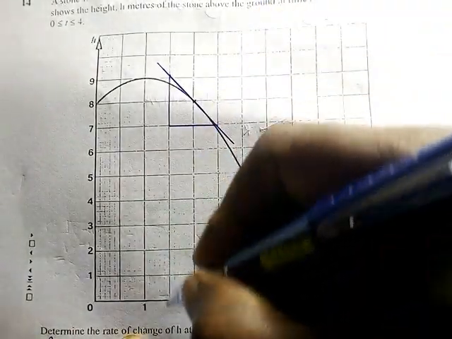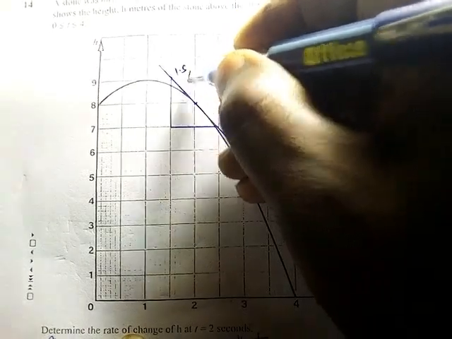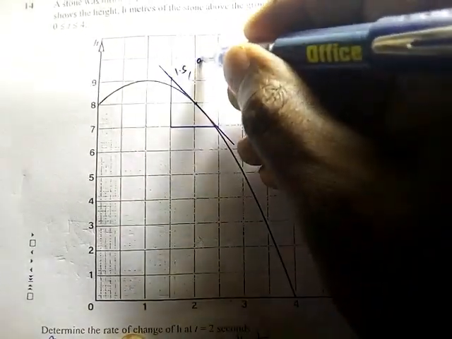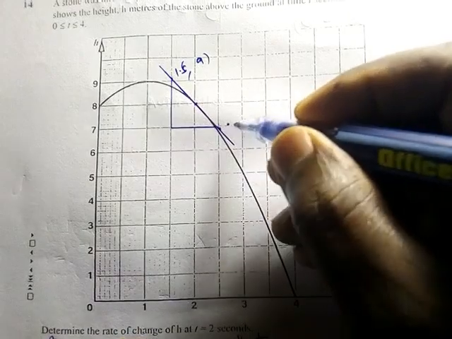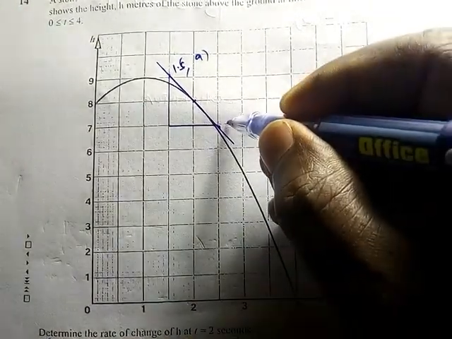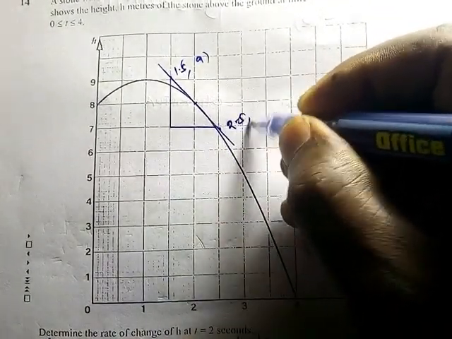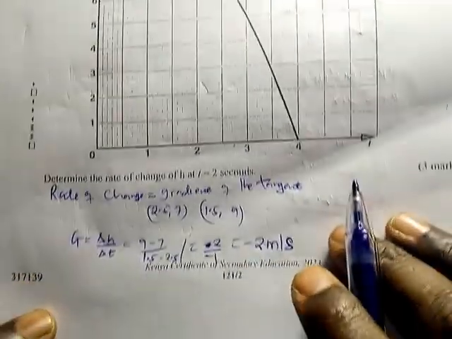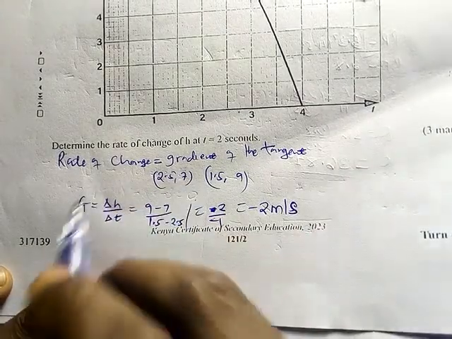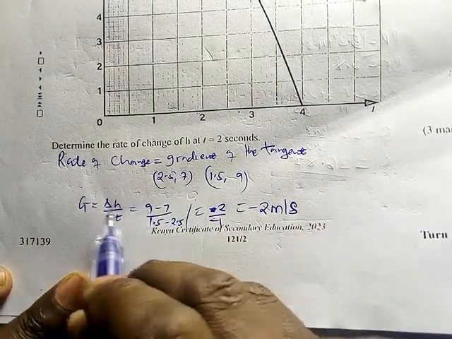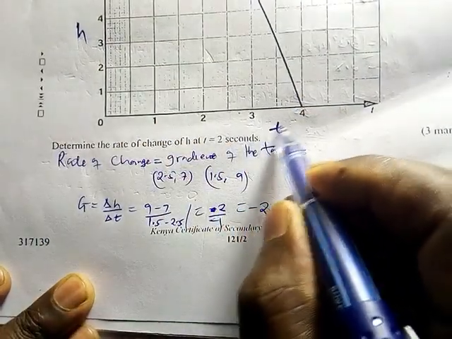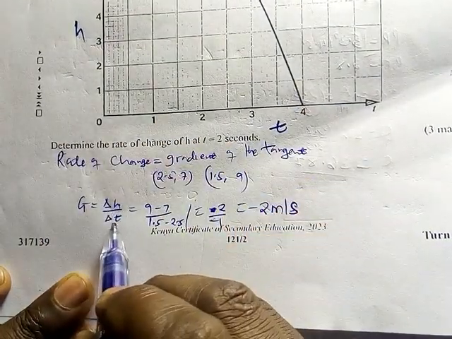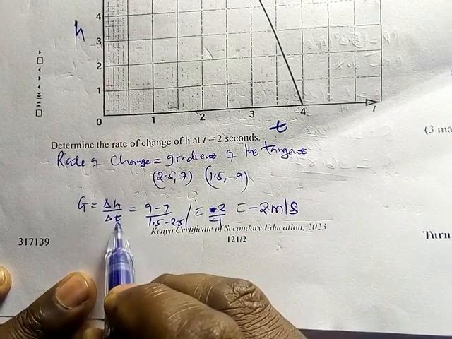At this point we have 1.5 on the x-axis and 9, and at this other point we have 2.5 and the y-axis is 7. We are going to use these to get the gradient. The gradient is the change in h over the change in t, like change in y over change in x.